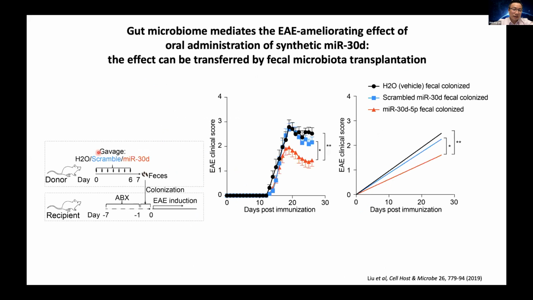When we take the feces from the miR30 treated mice and give them to antibiotics pre-treated mice and then induce EAE, we found that those recipients who received the fecal samples from the miR30 treated donors, the disease is less severe.